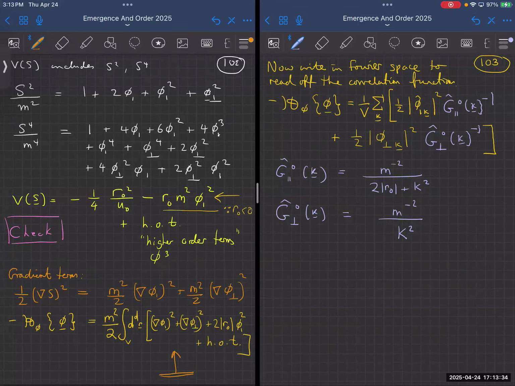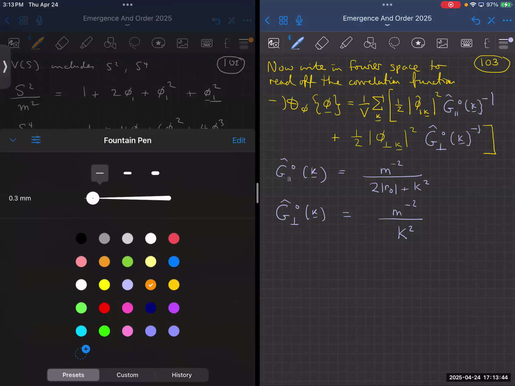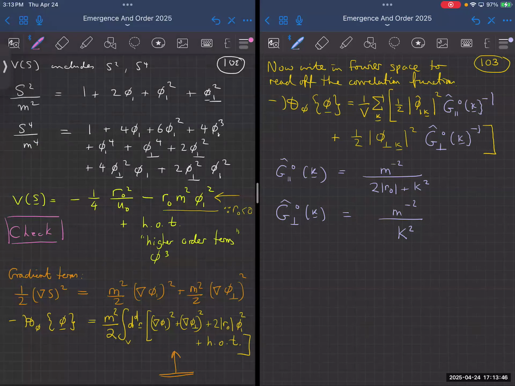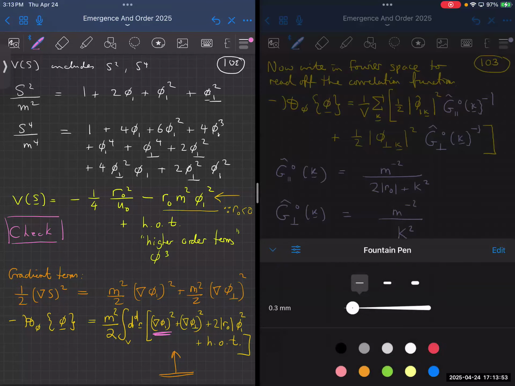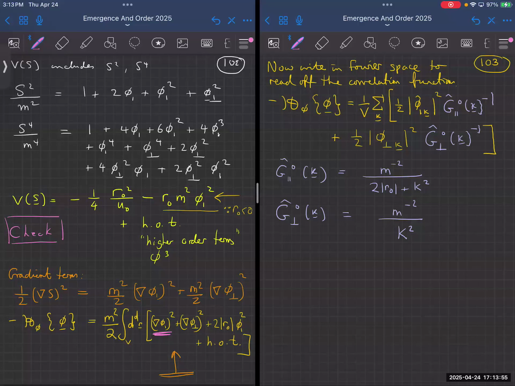All you've got to do here is, where I've got the integral dr grad phi 1 squared, grad phi perpendicular squared, those just turn into k squareds. Let me point this out explicitly. There are 2 terms for phi 1. This term gives me the k squared over here on the bottom. Then there's this other term, 2 r naught phi 1 squared.